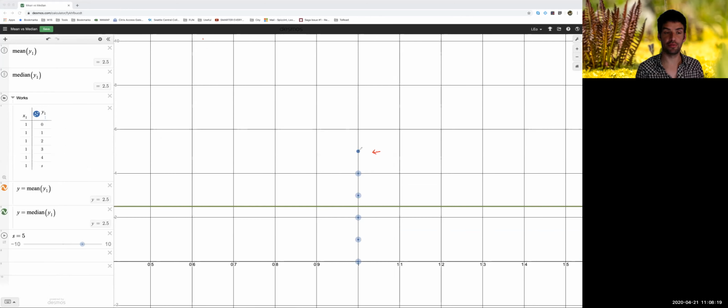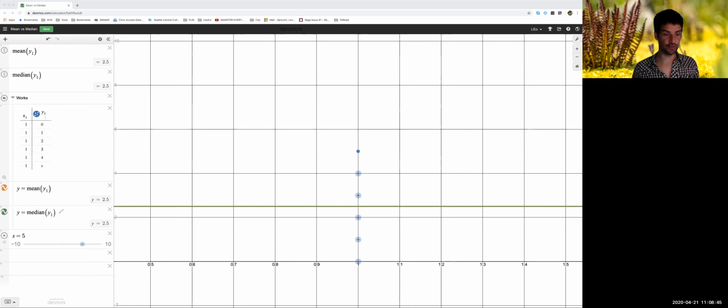I've got a data point at 5, 4, 3, 2, 1, and down to 0. The y value of these points represents the data, what the value actually is. So this is a collection of data where the values are 0, 1, 2, 3, 4, 5.